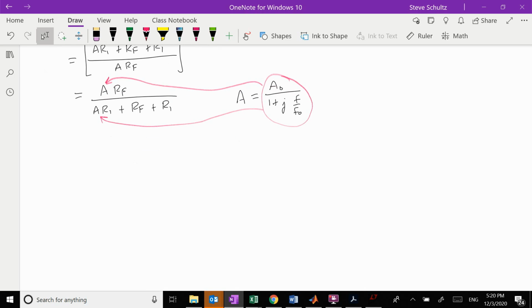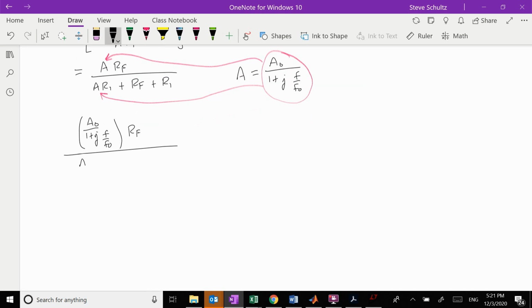Okay, so then what we get is A0 over 1 plus jf over f naught times RF all over A naught over 1 plus jf over f naught times R1 plus RF plus R1.